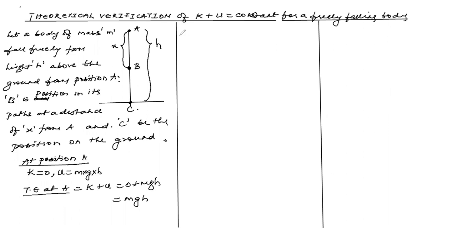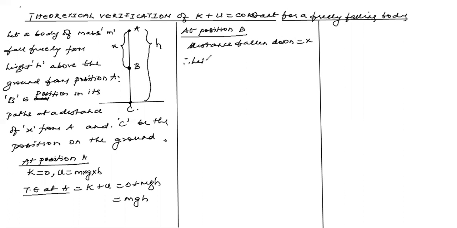Okay. Now the body falls to position B. Now let's say at position B, it is falling down. So I'm considering this position B. At position B, the distance AB fallen down equals x.